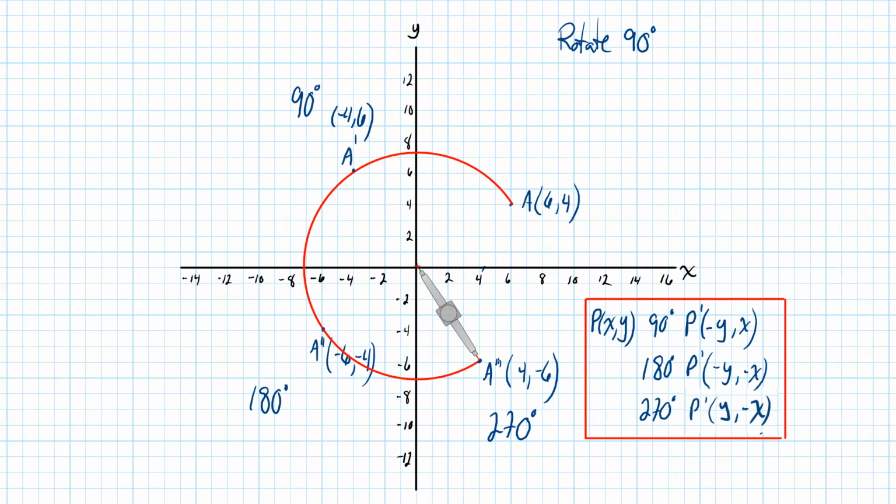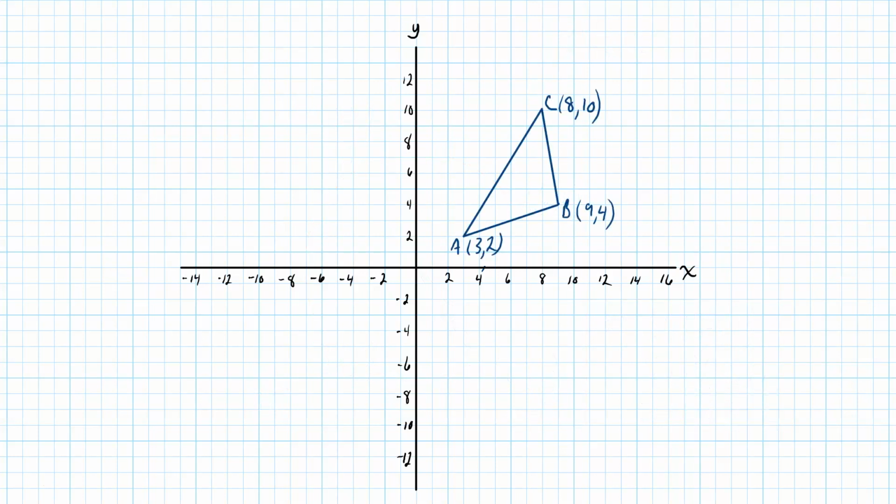Now let's go ahead and look at a more complicated shape. This time we've got a triangle. We're going to rotate the triangle 90 degrees. So remember that means we're rotating this way, and let's see how it works when we apply that rule. So we're rotating around the origin. It's important to note the point of rotation.